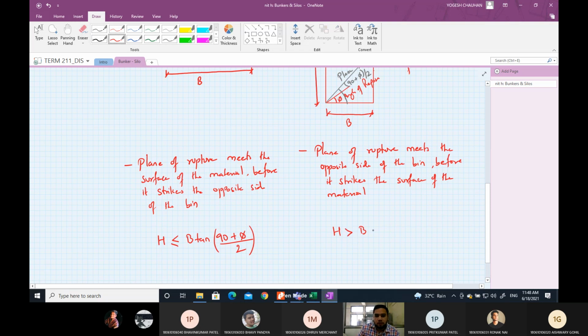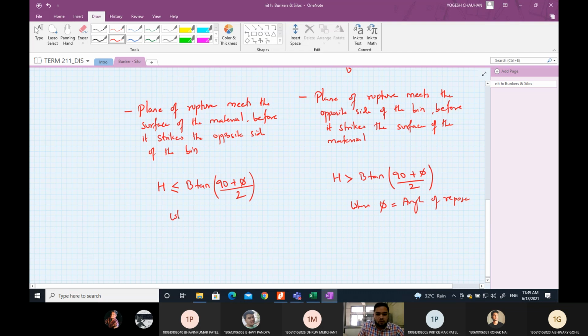If it is greater than this tan(90 plus phi by 2), it is a silo, where phi is the angle of repose.